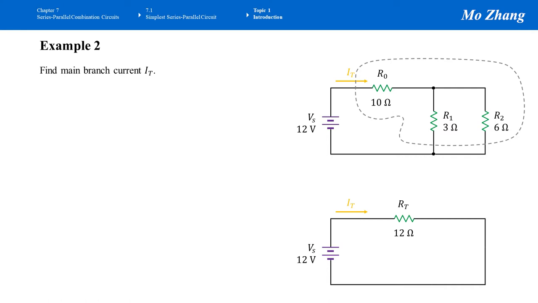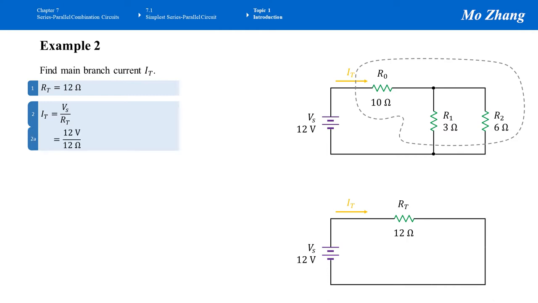We can apply Ohm's law to find the total current. RT equals to 12 ohm. We calculated from example 1. And we know Ohm's law current formula is V over R. For this circuit is Vs over RT.